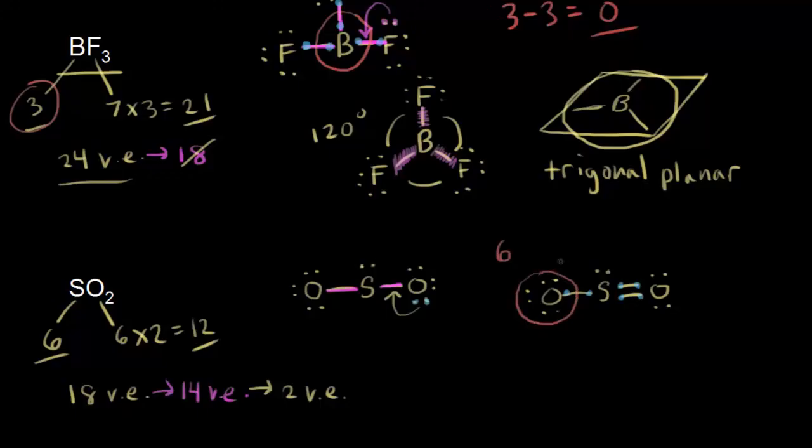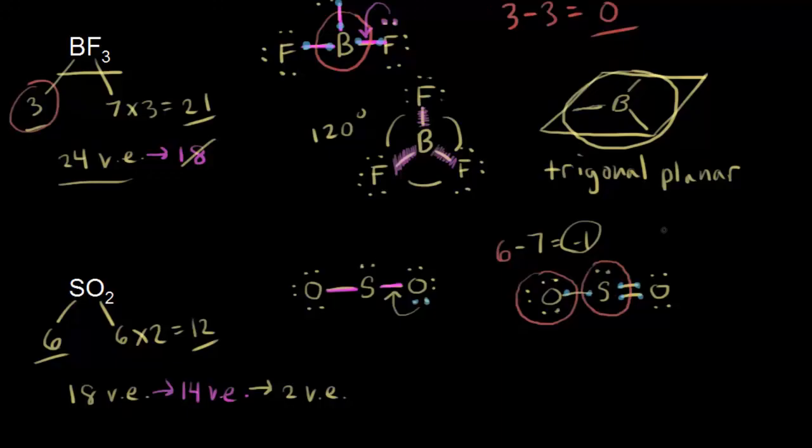So you can see the oxygen is surrounded by 7 valence electrons. This one's a little bit harder to see, so let me go ahead and mark it there. So 6 minus 7 gives us a formal charge of -1 on this oxygen. And when we do the same formal charge for the sulfur here, we can see that sulfur is surrounded by 5 valence electrons.